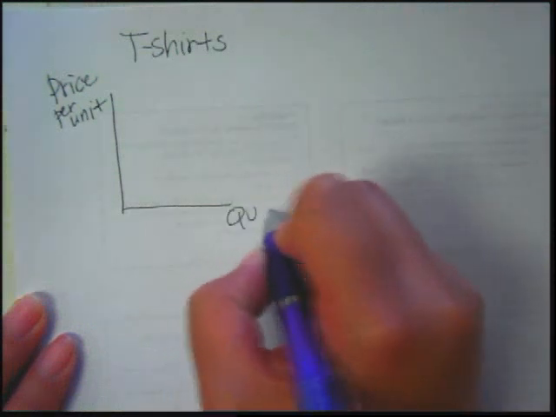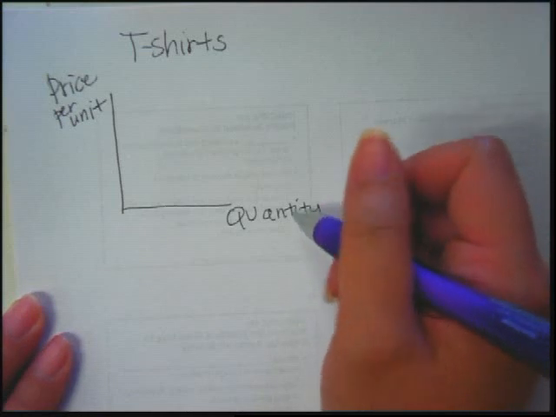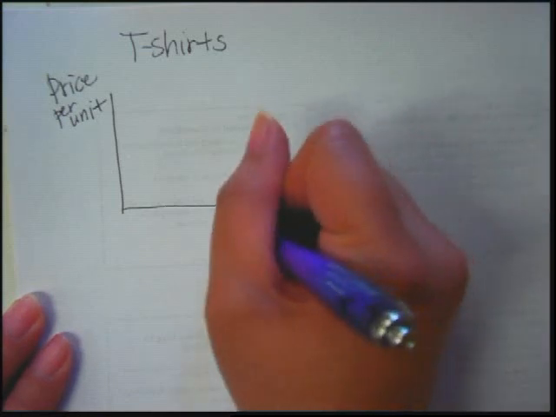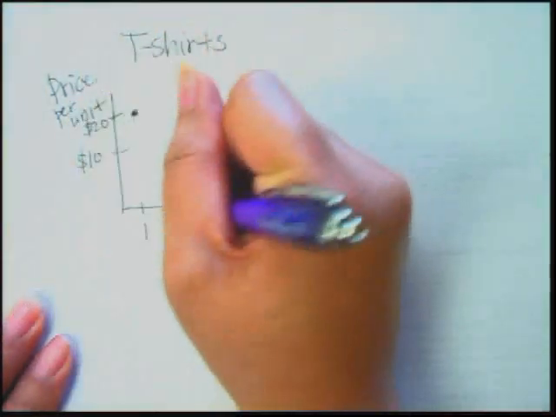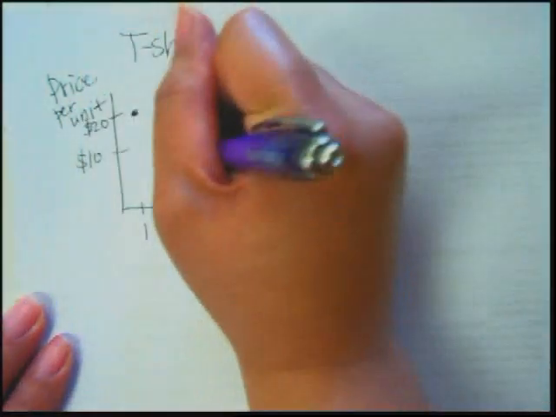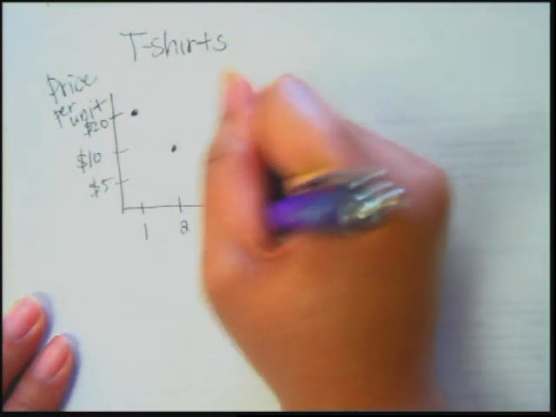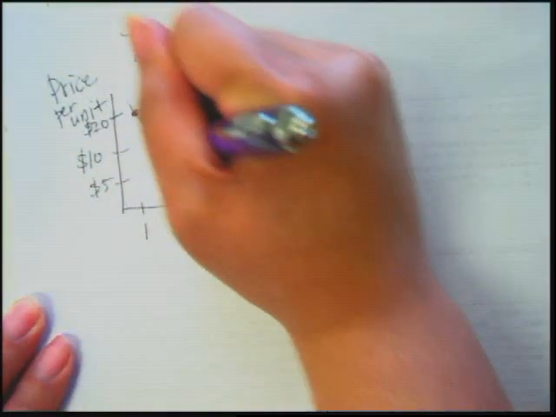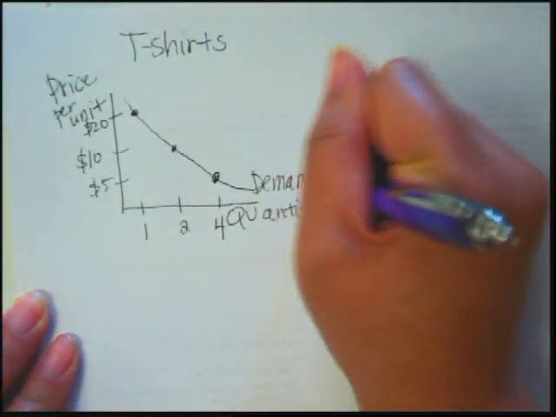Now, when we're talking about quantity down here on the horizontal axis, that's total. So you're just going to have to remember that. And I think our data before showed that at $20, you could buy a total of one shirt. At $10 per t-shirt, you could buy a total of 2. And at $5 a shirt, you could buy 4. That was our line graph there. It's actually our demand graph.